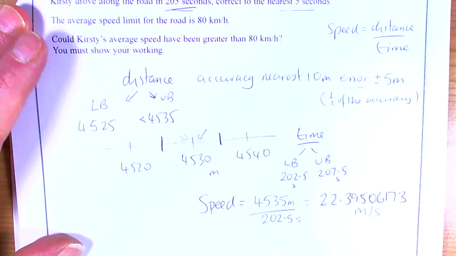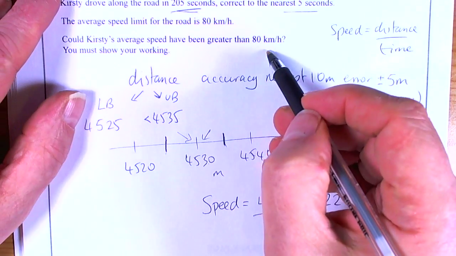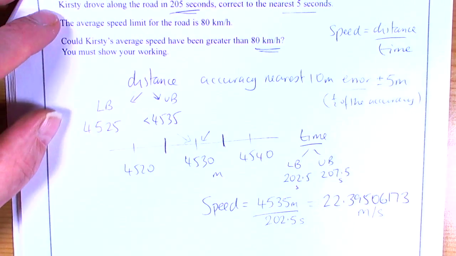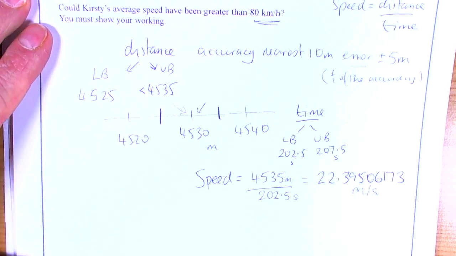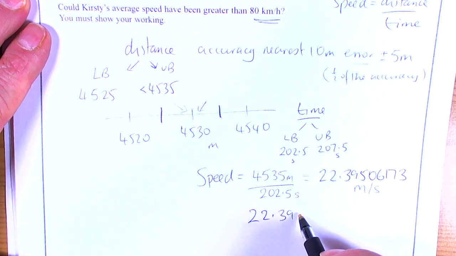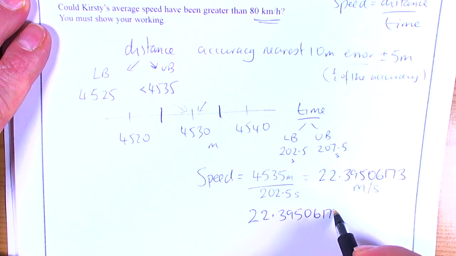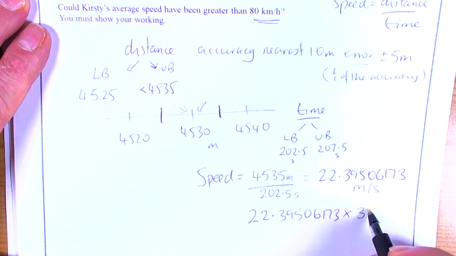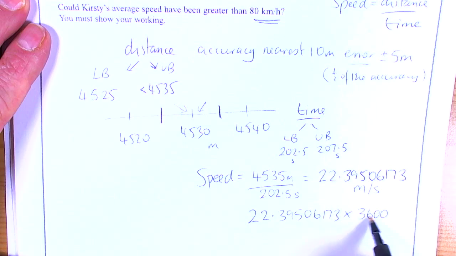So at the moment we've got meters per second, but the question is asking us to compare kilometers per hour. So what we need to realise is that we have to do 22.39506173 times 3,600 seconds.